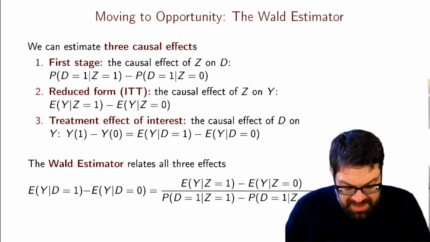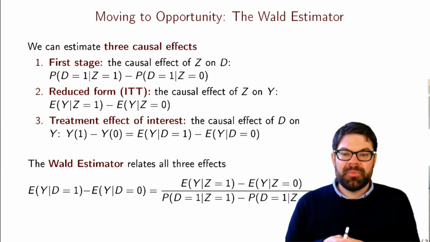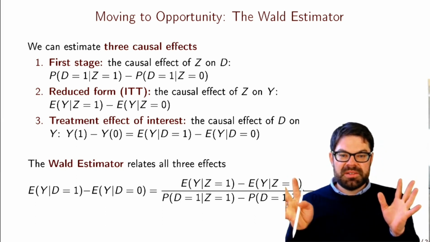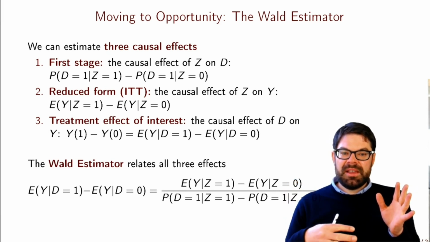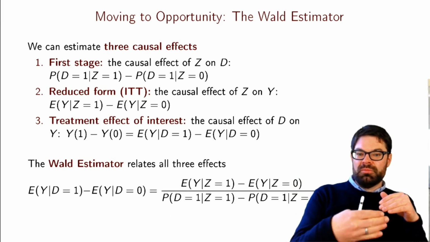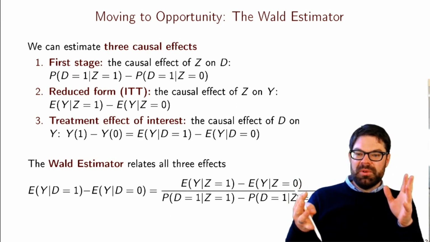Now we can relate. So from this, with this information, we can estimate three causal effects. Okay? The first is the causal effect of receiving a voucher on moving. Which we simply do by the following.